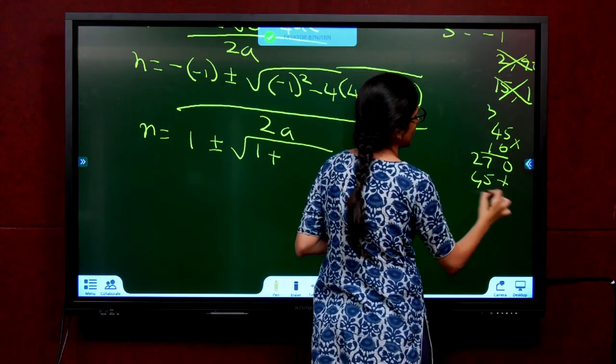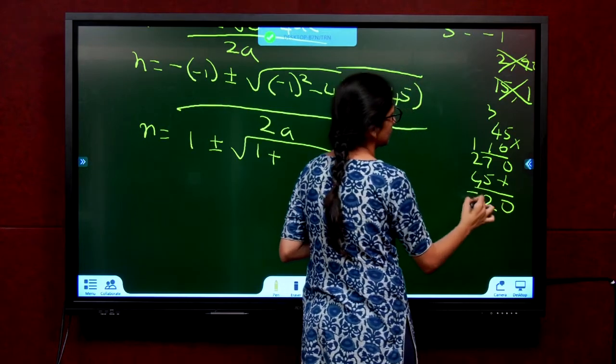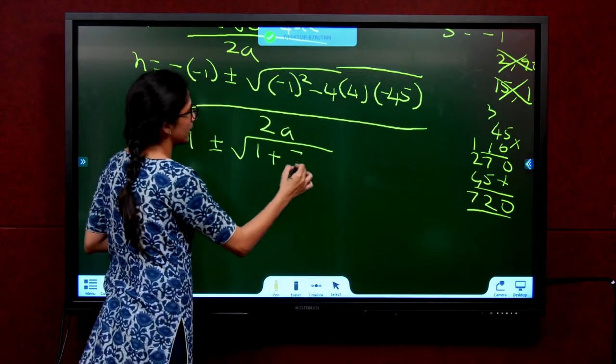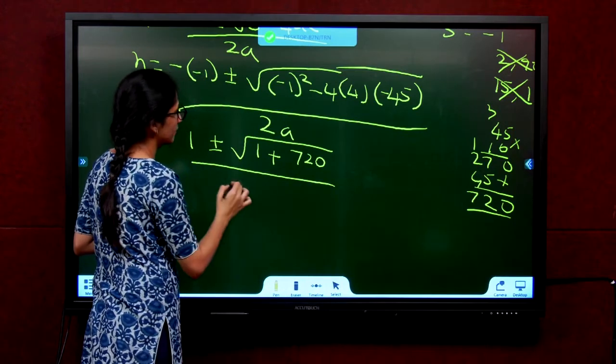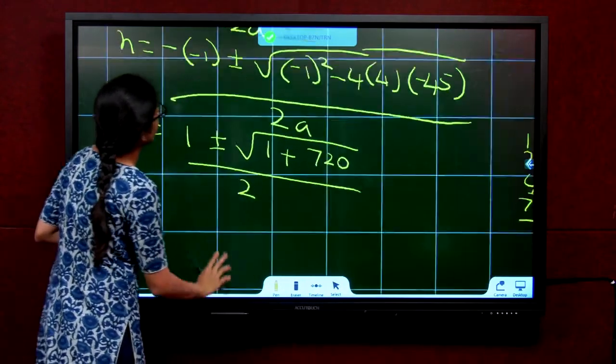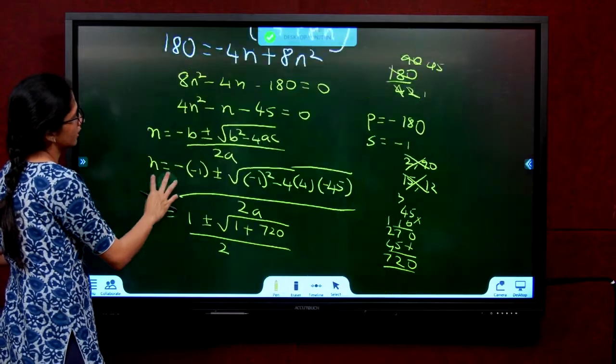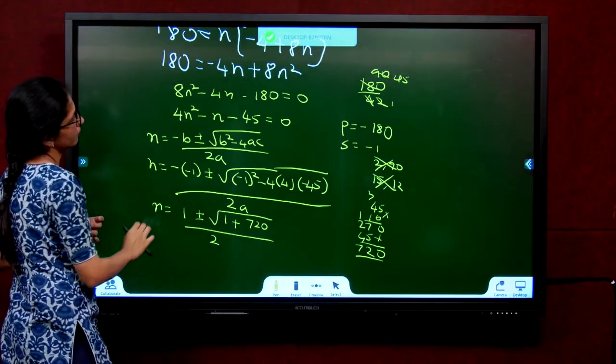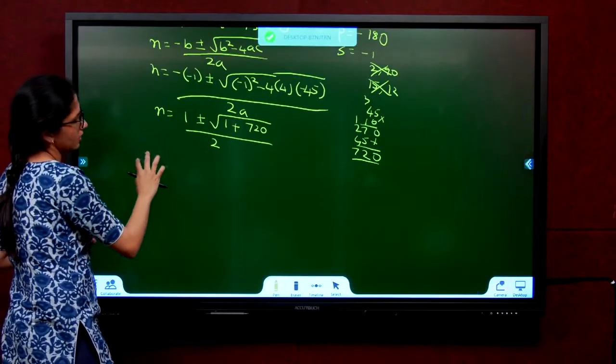Plus 45. 0, 12, 7. 720. So plus 720 divided by 2. What was the value of a here? a's value was 4. So substitute 4 here.